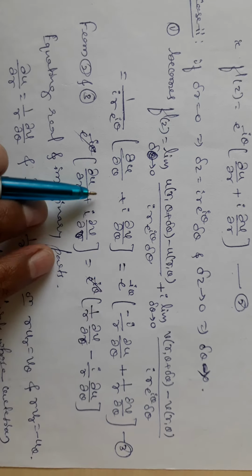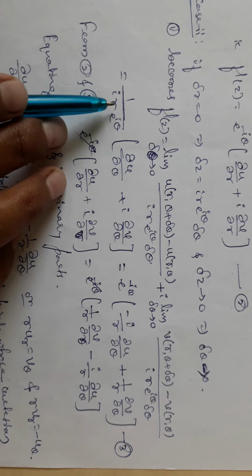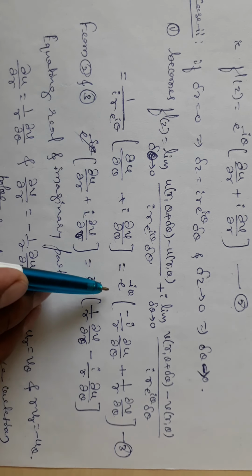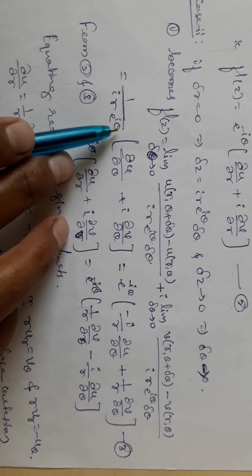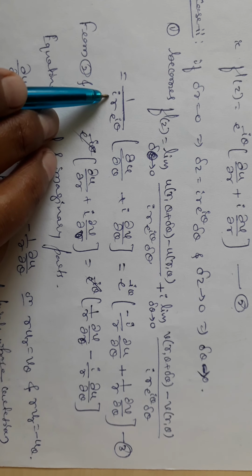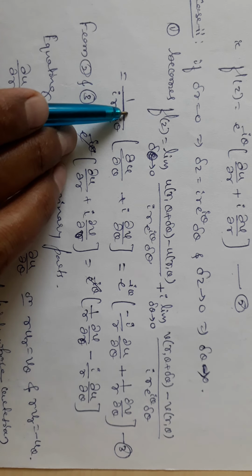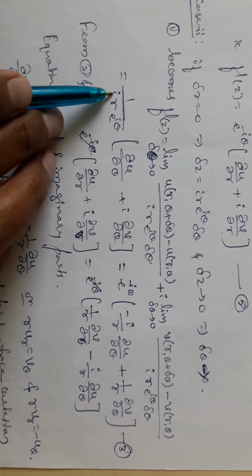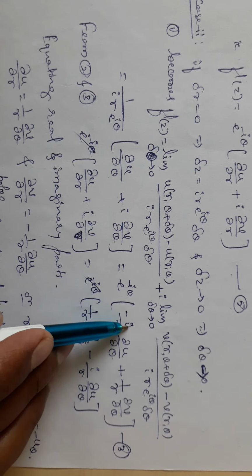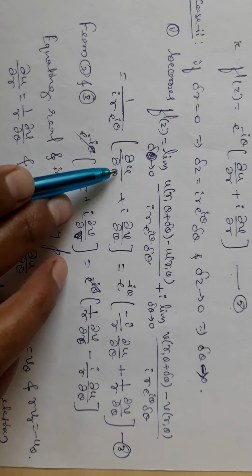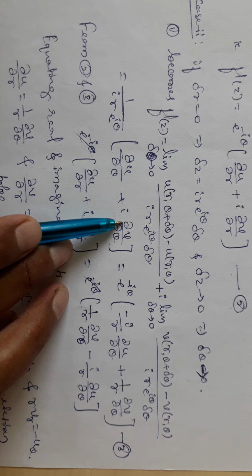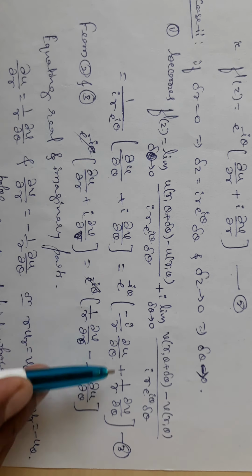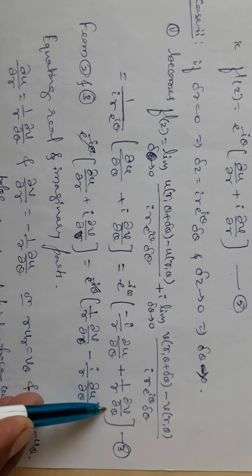Now I will transfer this i r to the inside, therefore e to the power minus i theta, and again we don't keep the i term in the denominator, therefore multiply and divide by i, and here i square is minus 1, therefore minus i by r dou u by dou theta, and the i gets cancelled in the second term, therefore 1 by r dou v by dou theta.